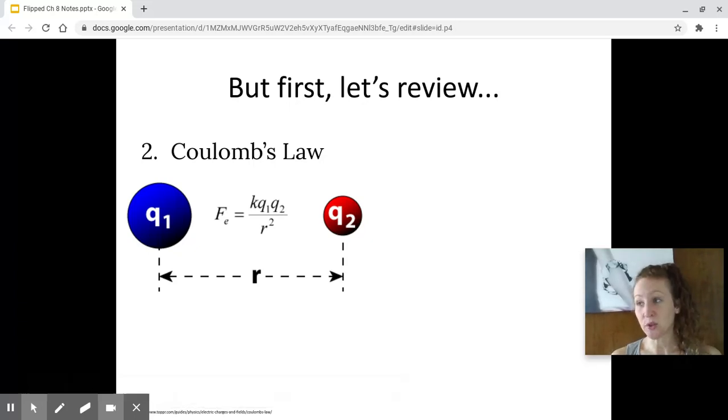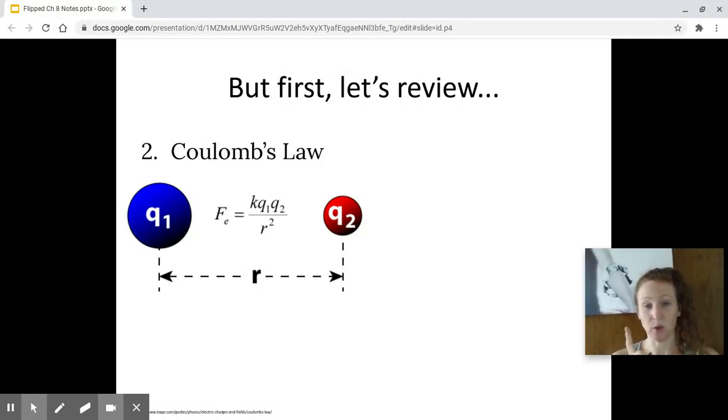We talked about Coulomb's law last year in chemistry. We did a POGIL packet on it. We referred to it again when we covered chapter 7 this year, and I put that POGIL packet on Classroom in case you wanted to refer back to it. Coulomb's law comes front and center.